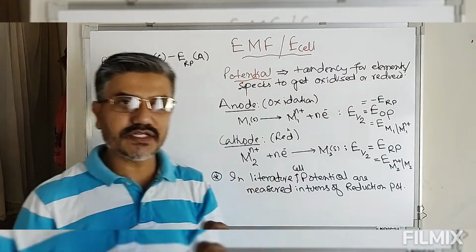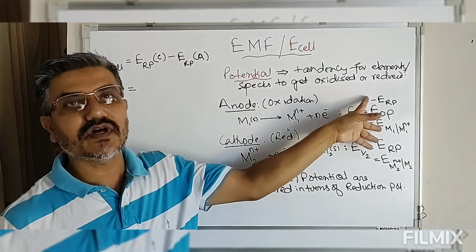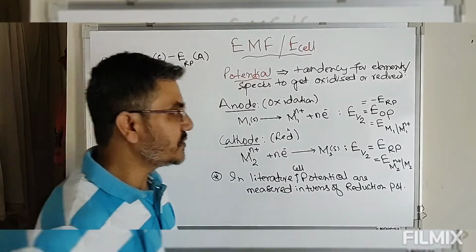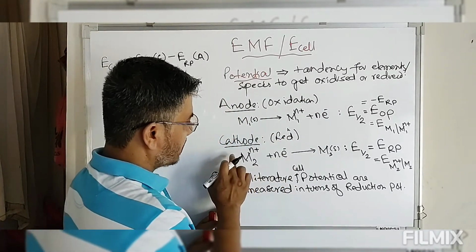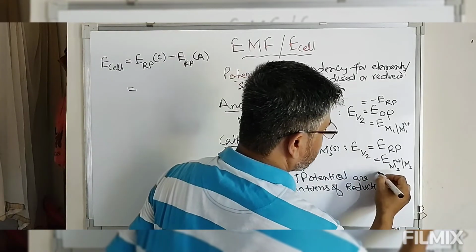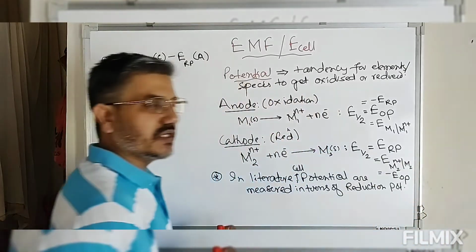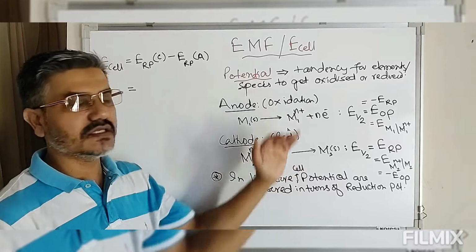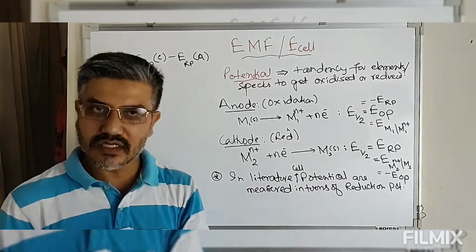So the magnitude of the oxidation potential and reduction potential for a half cell will be the same, but the sign will be opposite. Similarly, the reduction potential will be equal to minus the oxidation potential. So for a half cell, oxidation potential and reduction potential have the same numerical value but opposite sign.